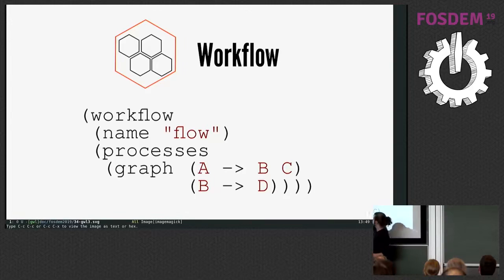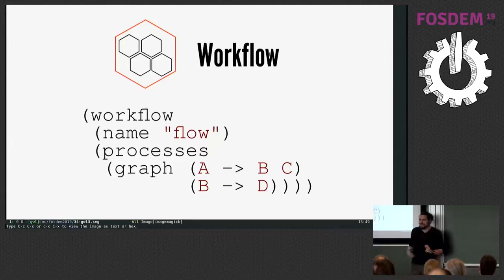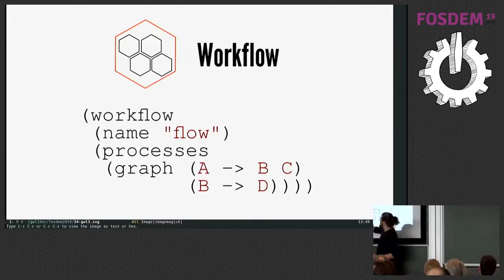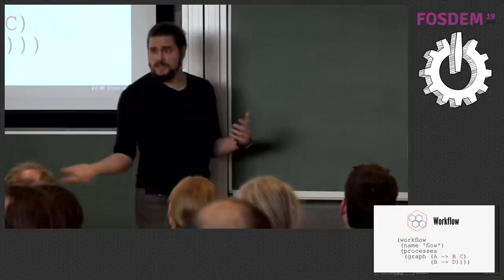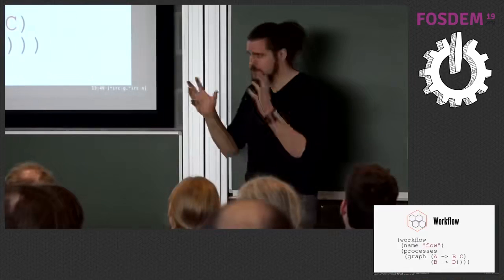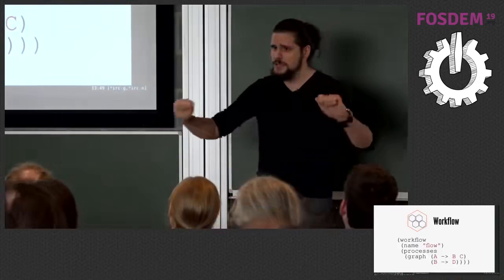So there's a process A that does things an A process would do. And A depends on the B and C processes, the outputs of B and C. Maybe B generates something first that A consumes. And it also depends on C. Now, B itself depends on the execution of D. So this is a very, very simple description of how these processes are supposed to be plugged in.